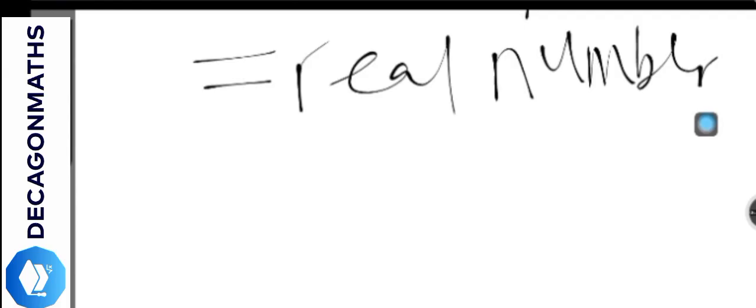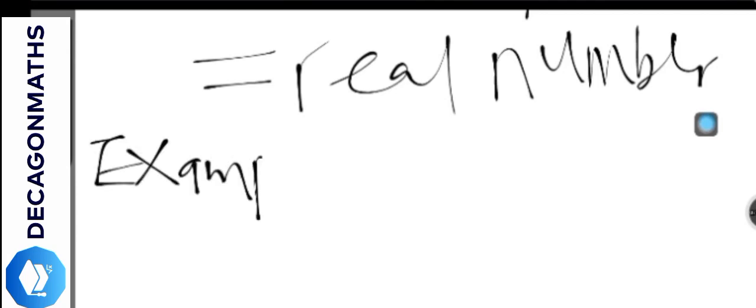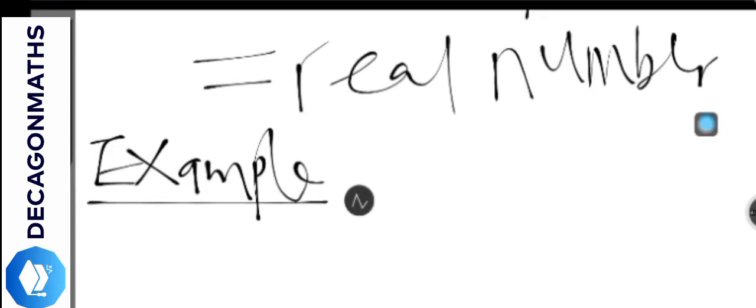Now we shall be given some complex numbers, and we shall find their conjugates and show that their product gives a real number. So to serve as an example, we'll be looking into some complex numbers that will be given now, and we will find their conjugates and check if they give rise to a real number.